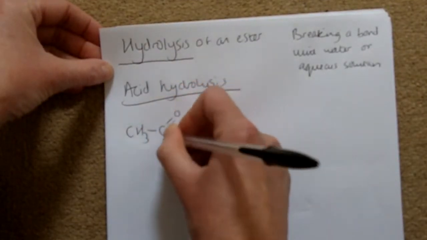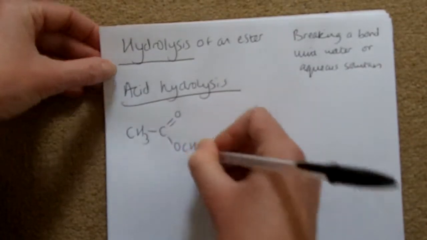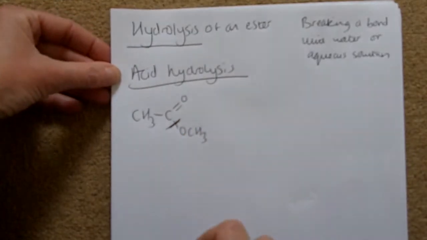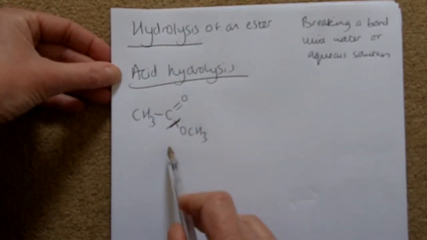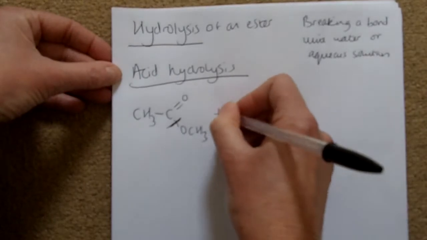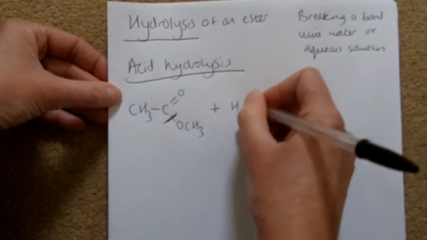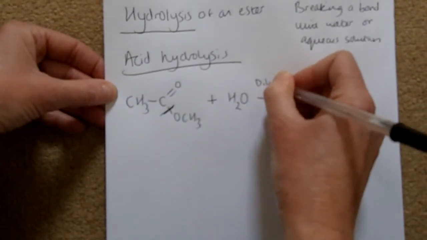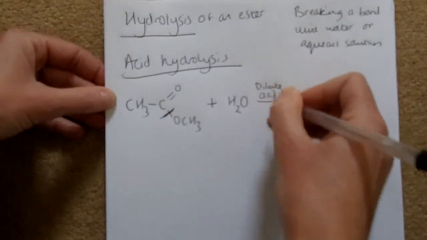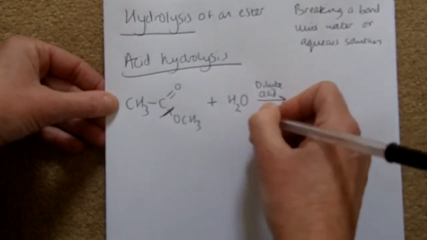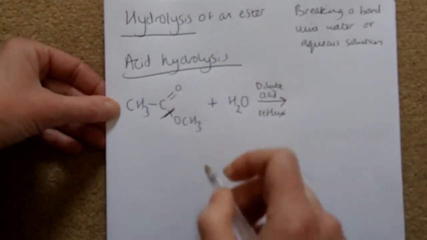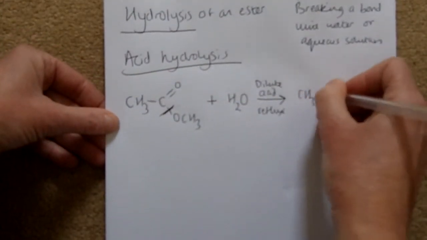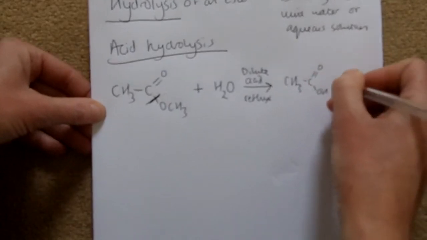So if we take, for example, this ester, and we want to break that bond, that's the bond that was made, that's the bond we're going to break. If we take some acid in water and we use dilute acid, not concentrated, and we reflux it as well, then that bond breaks and we get back to the carboxylic acid and the alcohol.